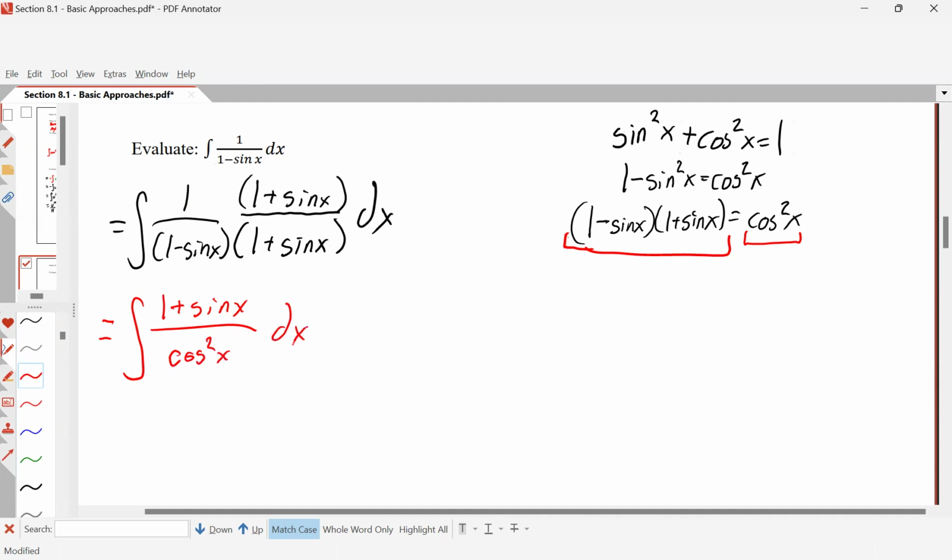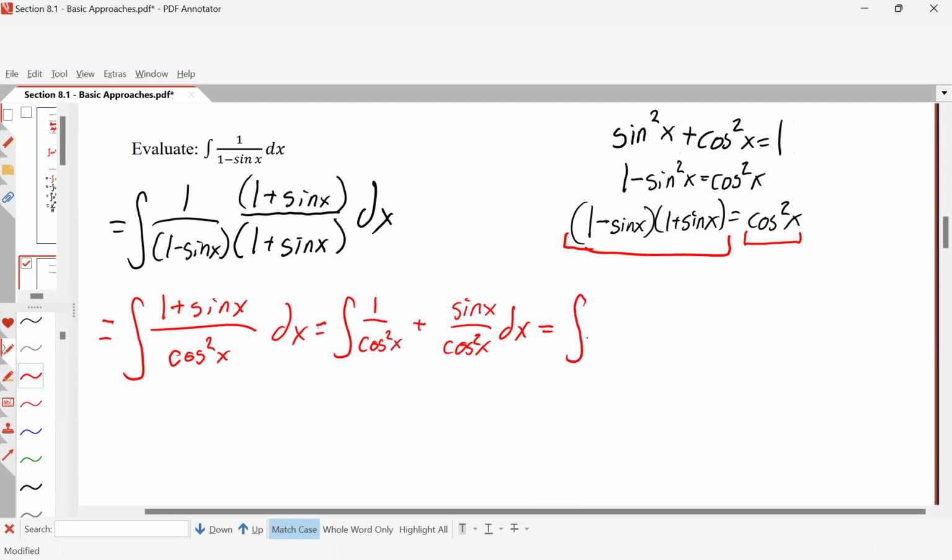And now, because our addition is now in the numerator, we can split this up into two different fractions. We have 1 over cosine squared x, and we have sine x over cosine squared x.